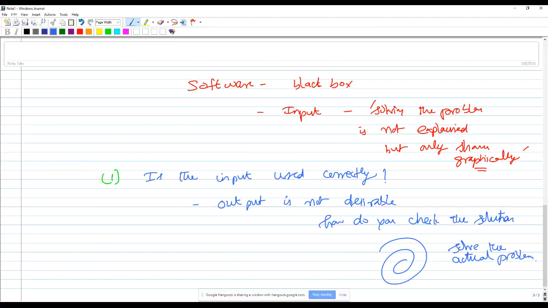So therefore, friends, it is important that if you learn how to write your own coding, then problem formulation is simple and well understood.